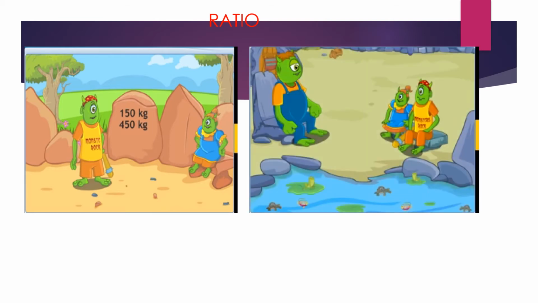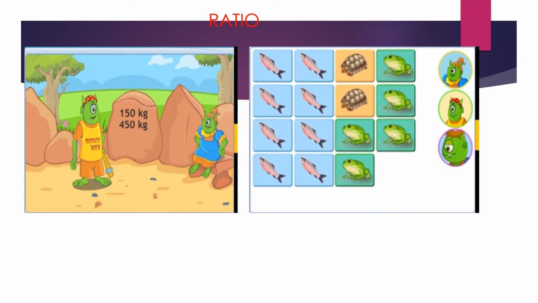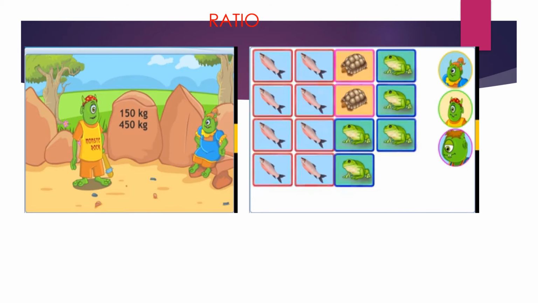Exactly. A tough one now. Hefty's turn. What is the ratio of the frogs to the total number of animals in the pond? Okay, there are 5 frogs in our pond, and the total number of animals, including fishes, turtles, and frogs, is 15.